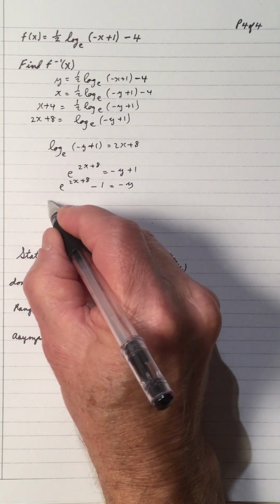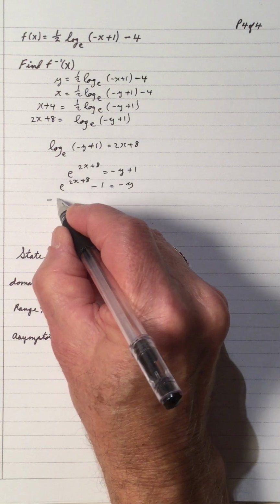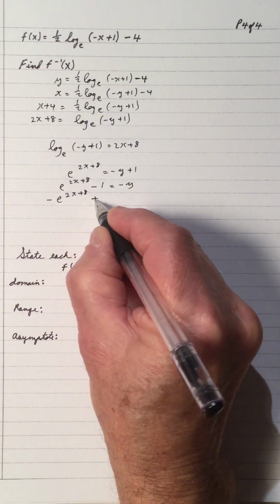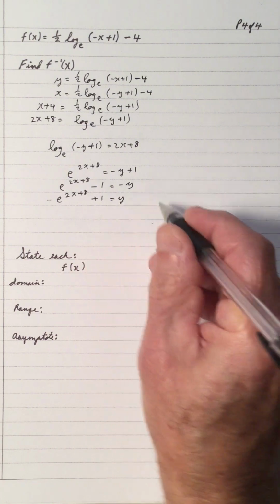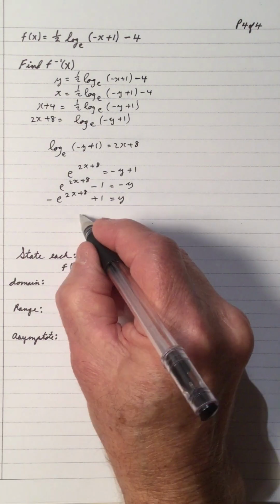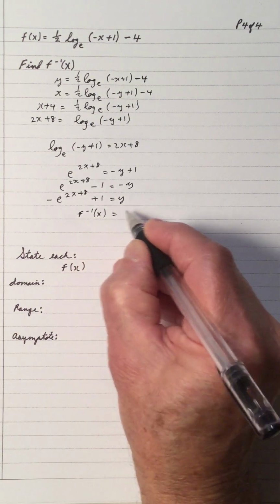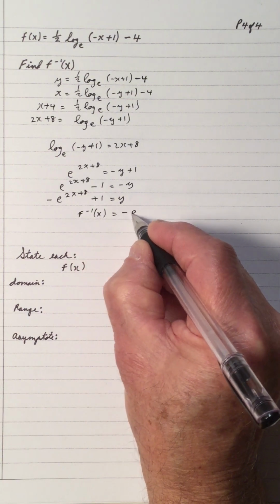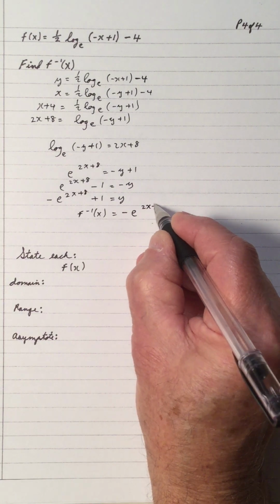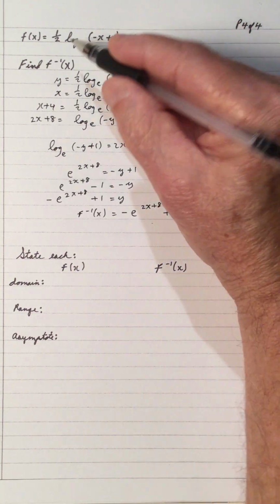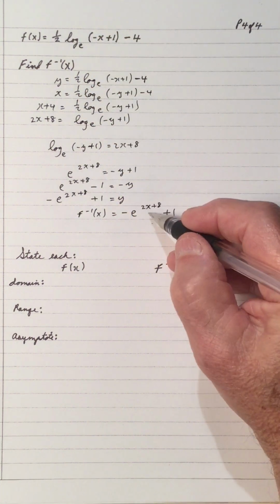And now I got a negative, so that's the negative e to the 2x plus 8 plus 1 equals y. So just got to be careful. So this is the inverse. So the inverse is negative e to the 2x plus 8 plus 1. So the inverse of this logarithm is this exponential.